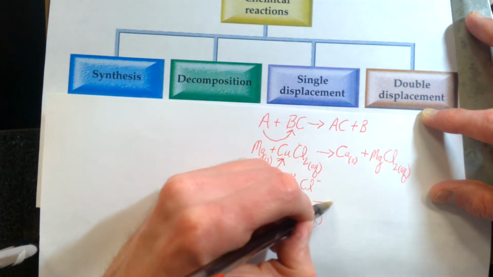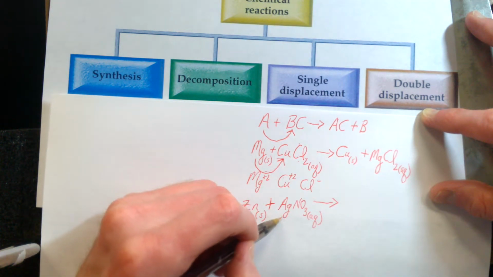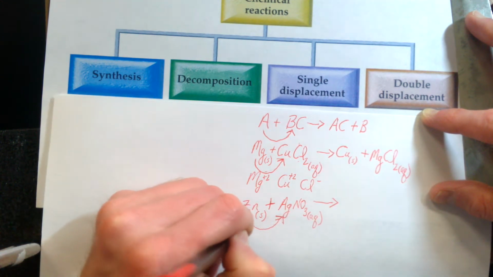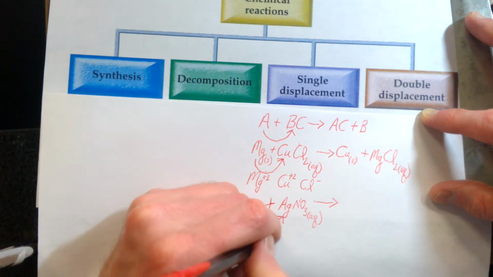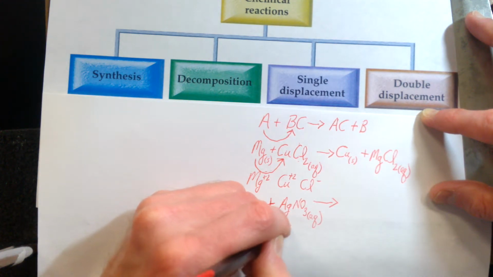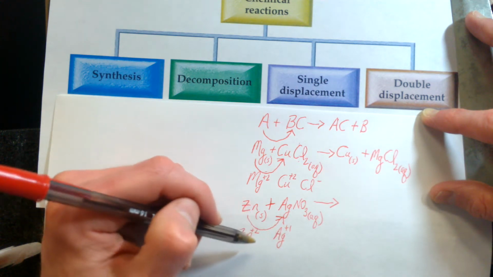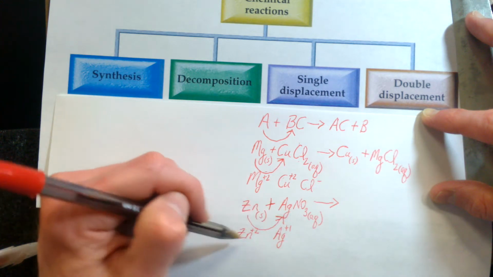So again, the zinc would come into the solution and it would want to push out the silver, because zinc takes a +2 charge, it is a metal. Silver is a metal and takes a positive 1 charge. So again, metal ion, positive ion, positive ion. They're going to be doing the displacement.